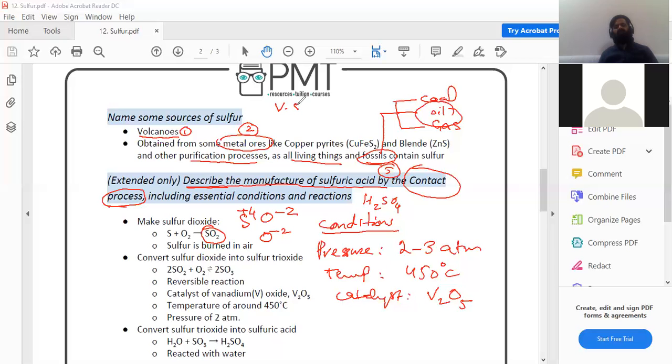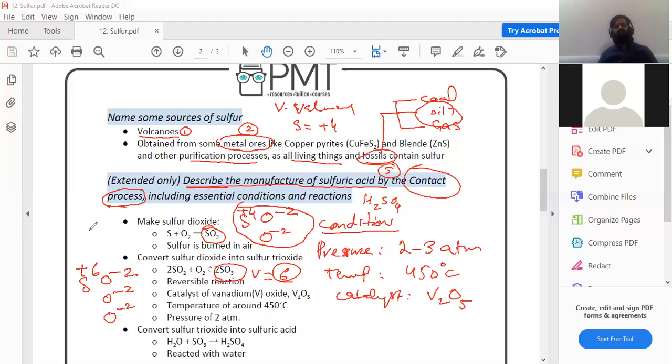Sulfur may have valency of 4, and sulfur may have valency of 6 also. How 6? For sulfur trioxide, each oxygen in the form of oxide, total -6, is equalized with the +6.